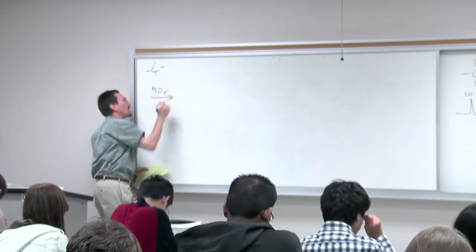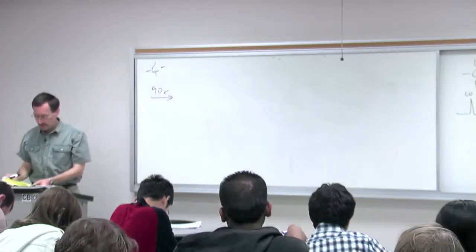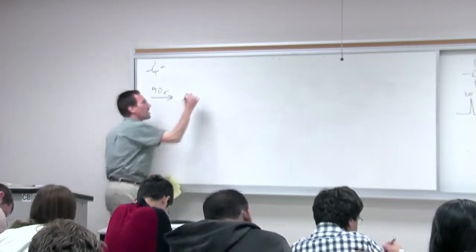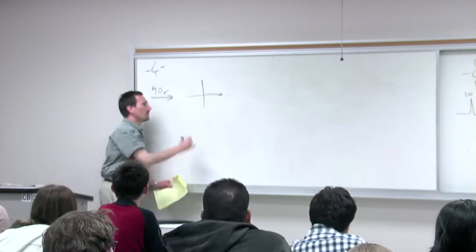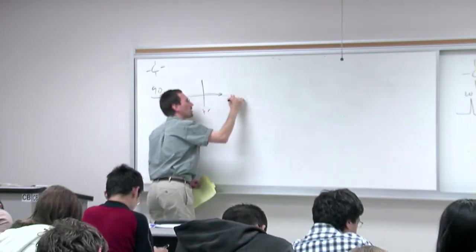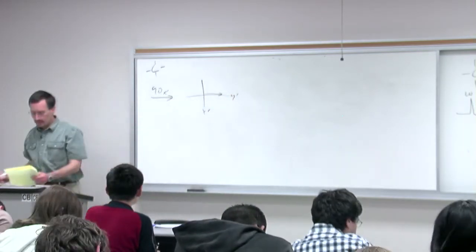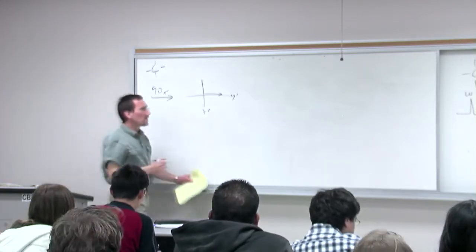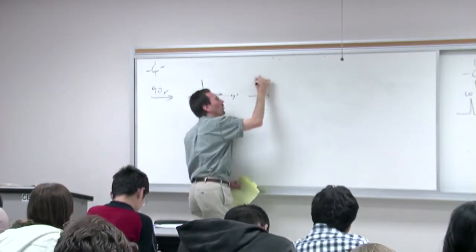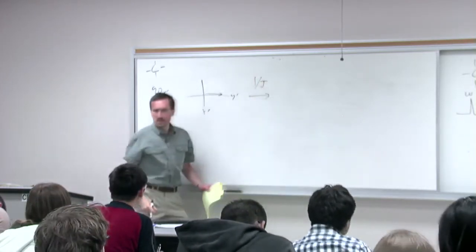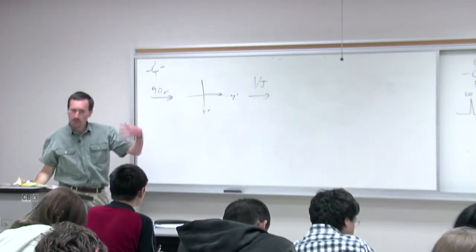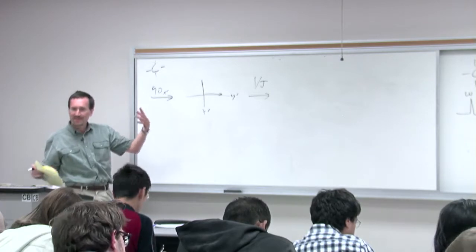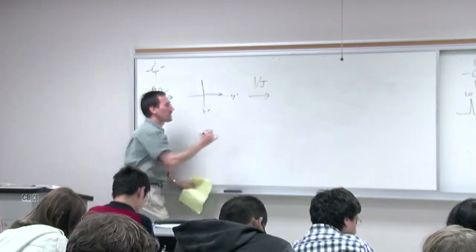We apply our 90-degree X prime pulse, so we're in the rotating frame. Our magnetization ends up along the Y prime axis. We wait 1 over J. So if J is 125 hertz, you would imagine waiting 1/125th of a second.